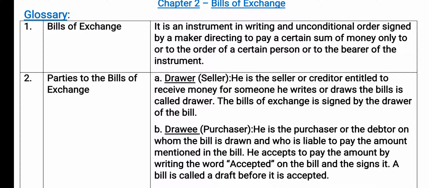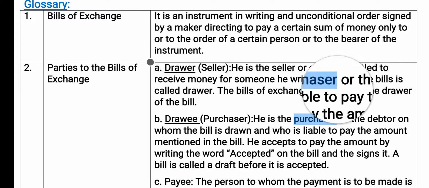There is no mortgage of any assets, so it is simply a promise made by one person to another that he has to pay a certain amount of money to the person from whom he has purchased the goods. That's why it is a legal document that has been signed between two persons or three persons for a certain period of time.